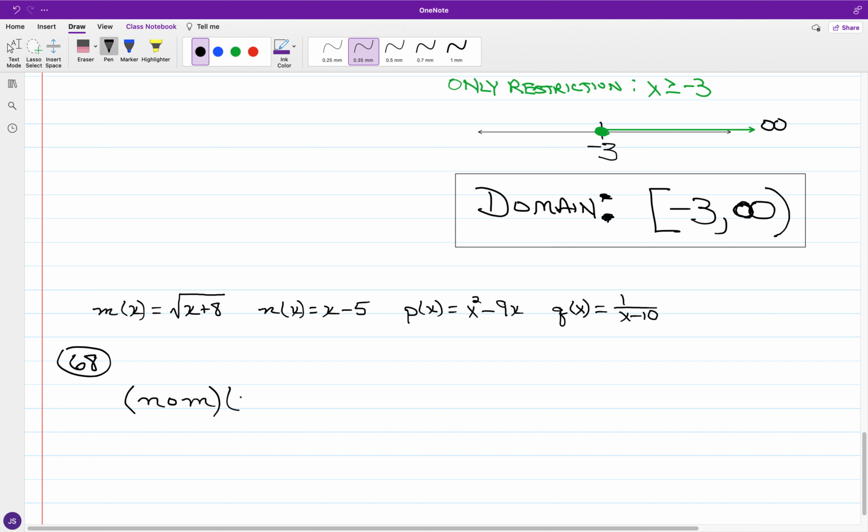So I have n of m of x, and m of x, our input, is going to be the square root of x plus 8.